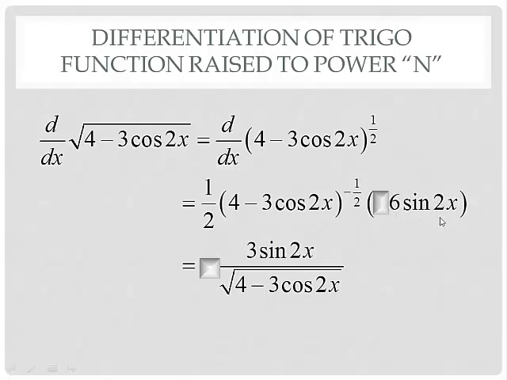So at the end of it, cancel the 2 with the 6, and you'll get 3 sine 2x over the square root of 4 minus 3 cos 2x.